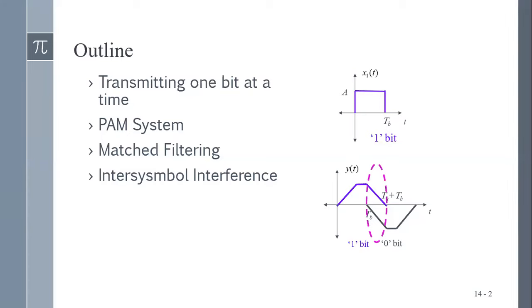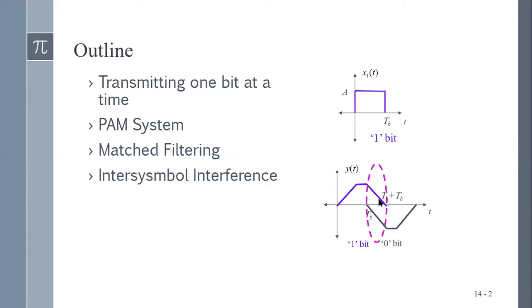So I am transmitting a plus A pulse, and then a minus A pulse. When these two symbols go through a channel, they get corrupted and take a shape like this. This is the shape of the plus A pulse after the channel output, and this is the shape of the 0 pulse after the channel output. Due to noise in the channel, these two pulses overlap and start interfering with each other.